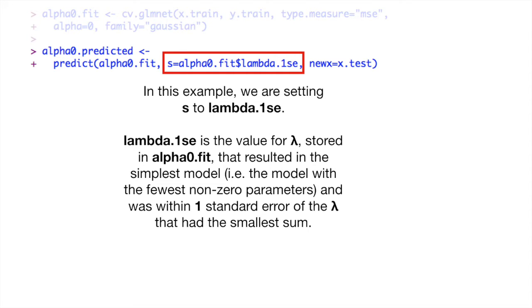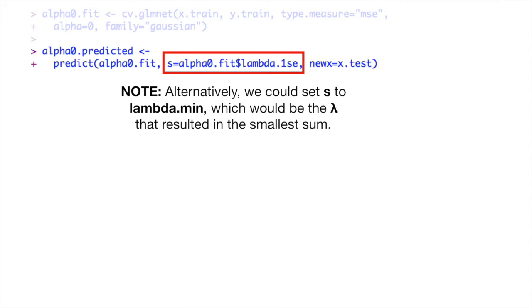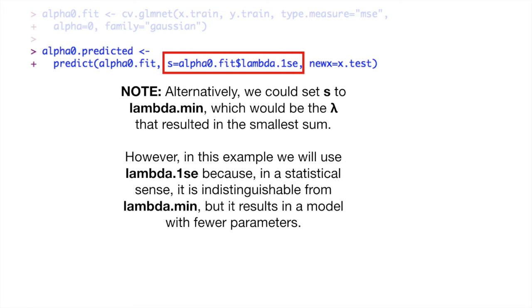Lambda.1se is the value for lambda stored in alpha0.fit that resulted in the simplest model, i.e., the model with the fewest non-zero parameters, and was within one standard error of the lambda that had the smallest sum. Note: alternatively, we could set s to lambda.min, which would be the lambda that resulted in the smallest sum.